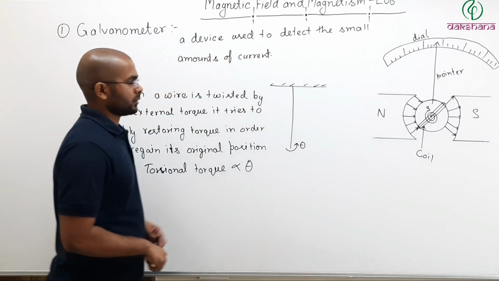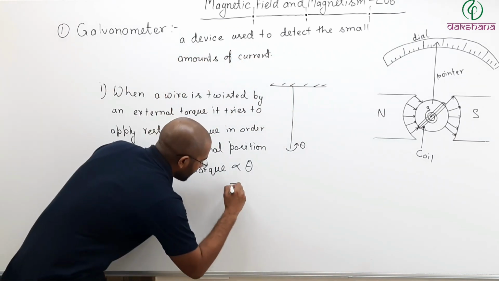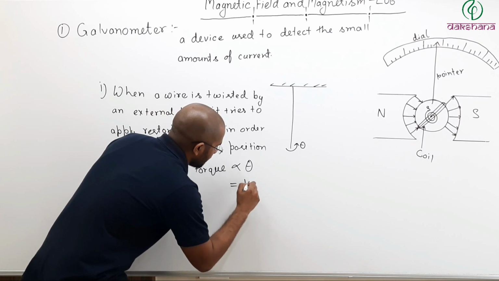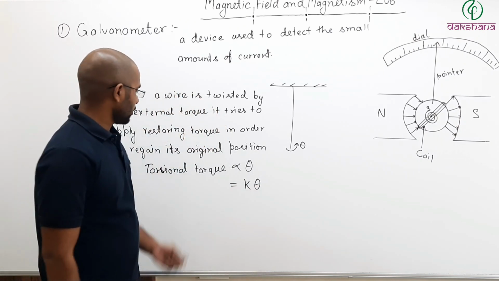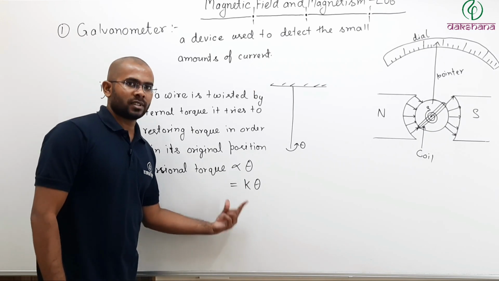So it can be written as some constant k times theta. So restoring torque equals k times theta.